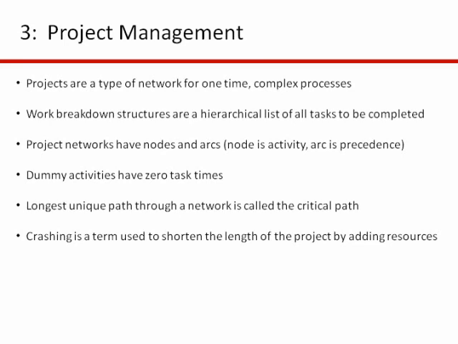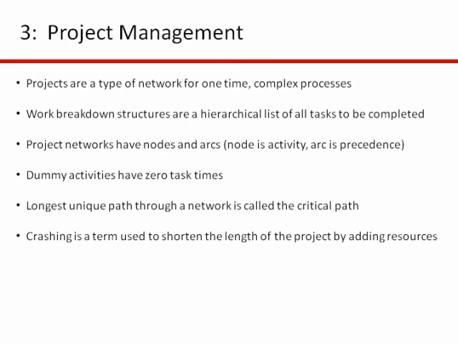The critical path is the longest path through a network. Longest being the total amount of time is the longest. And so we're interested in the critical path because that's going to dictate how quickly the project can be completed.